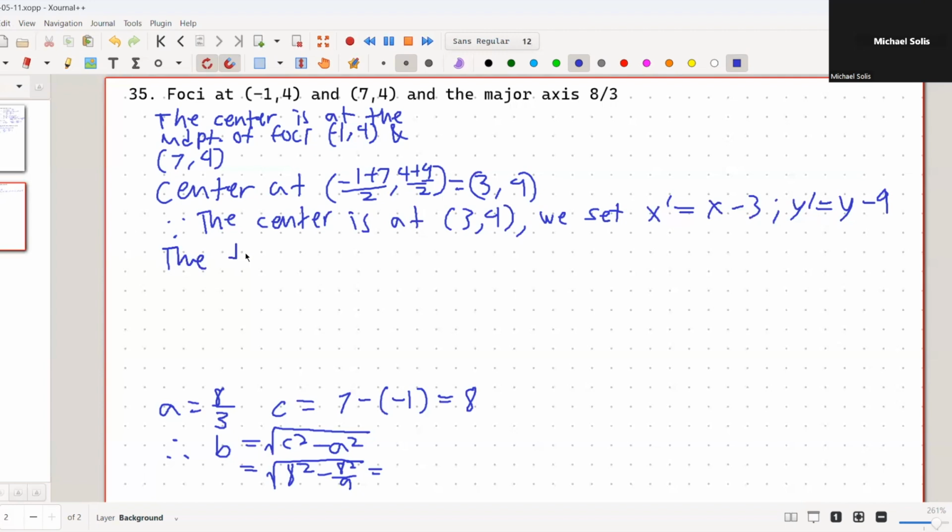So ano ba yung... okay, so the foci. Okay. Ngayon, kung ginamit mo yung transformation equations, ano kaya yung coordinates ng foci?